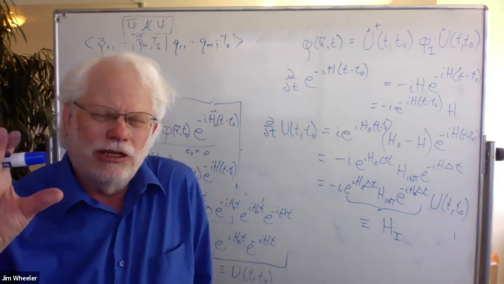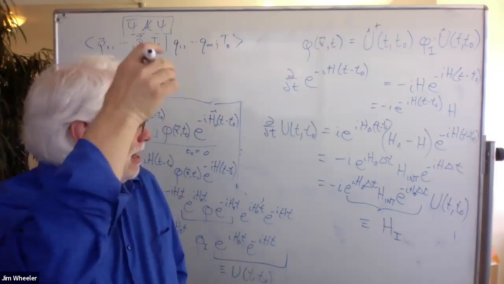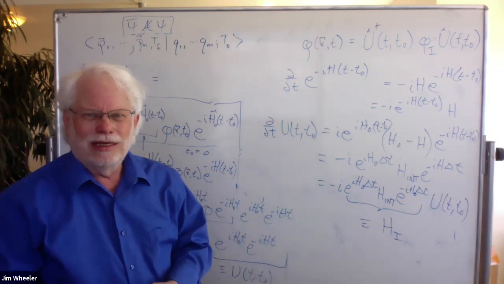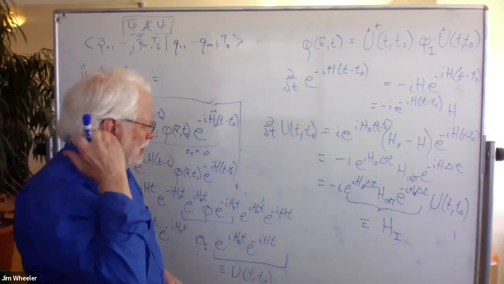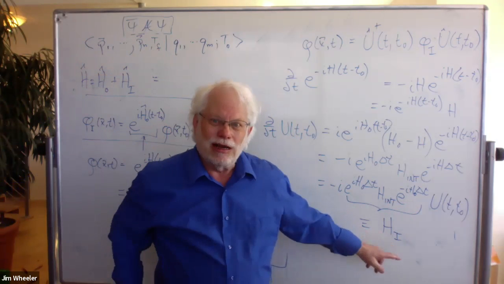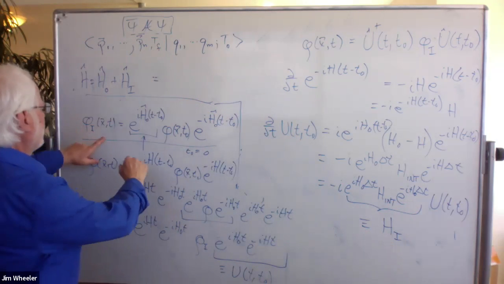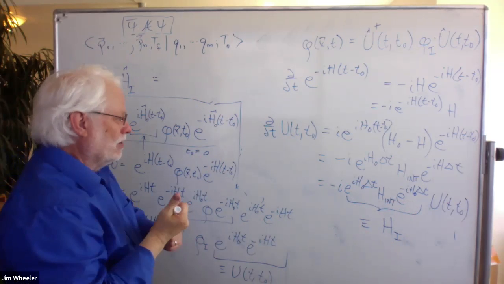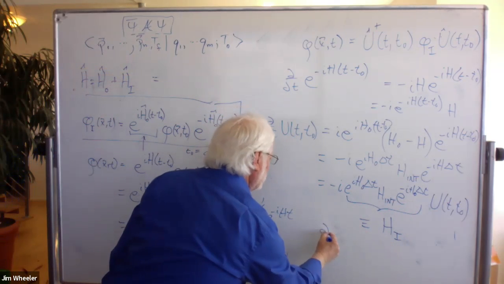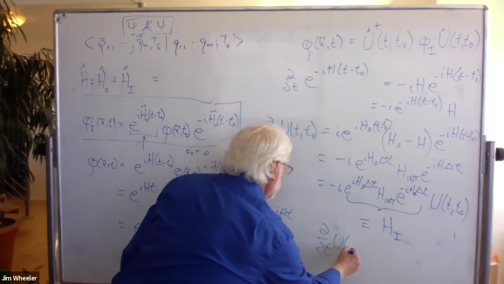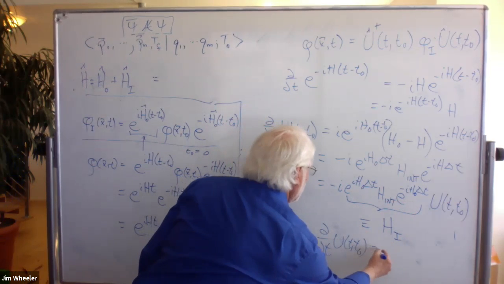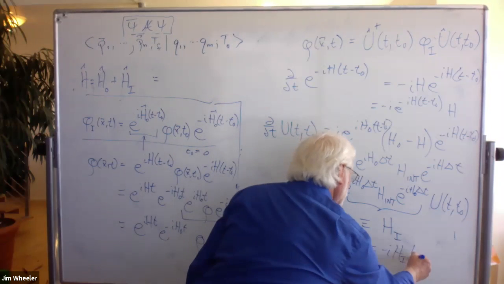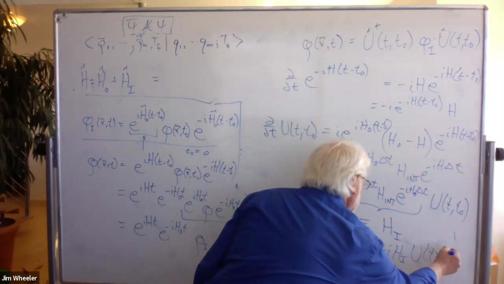So the original interaction Hamiltonian with the time evolution appropriate to the free Hamiltonian is what we call the interaction picture Hamiltonian. Just like the interaction picture state, it's that same sandwich. So now U satisfies a nice differential equation, ddt of U of t naught is minus I times our interaction picture Hamiltonian times U of t naught.